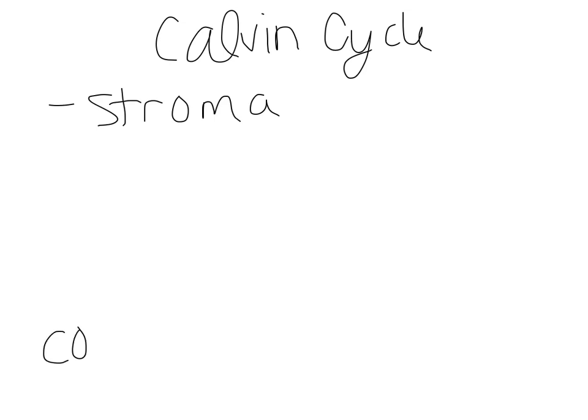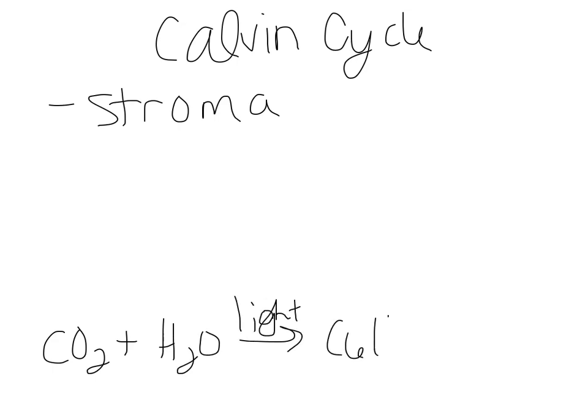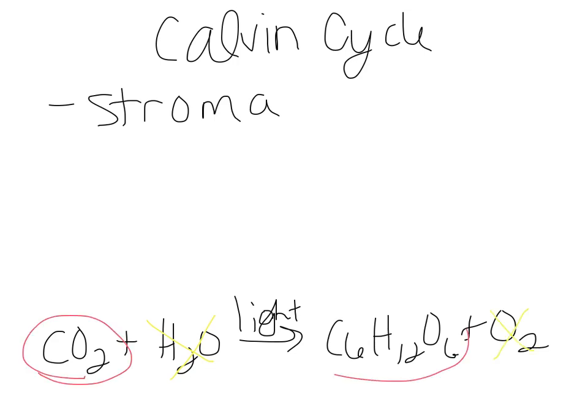Okay, so back to our original equation. We've already used water as a reactant, and we've already produced oxygen, right? We did these during the light reaction. So what we have left now is carbon dioxide and glucose. And so in the Calvin cycle, this is where the carbon dioxide is going to be required.